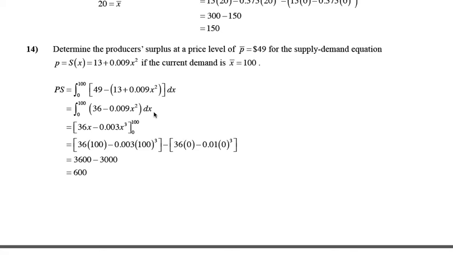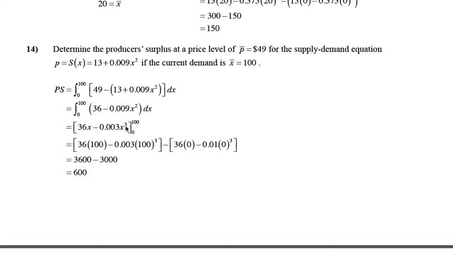Then we find our antiderivative using the power rule for antiderivatives. This constant term, 36, becomes a first degree term. You just tack an x on next to it. And then, excuse me, this 2 plus 1 is 3.